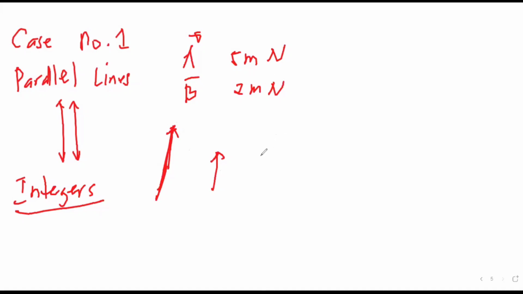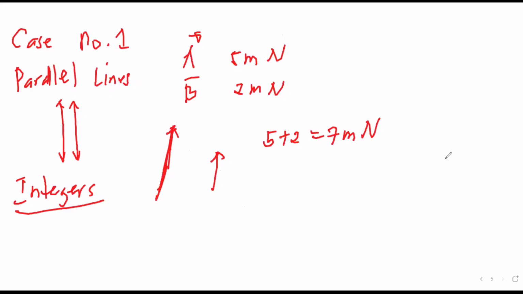So these are both north, so they are both positive. So 5 plus 2 becomes 7. So 7 meters, both are in the north direction, so the direction is north. Okay, so if they are moving in the same direction, you will add.